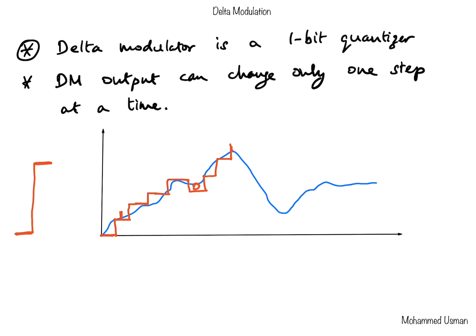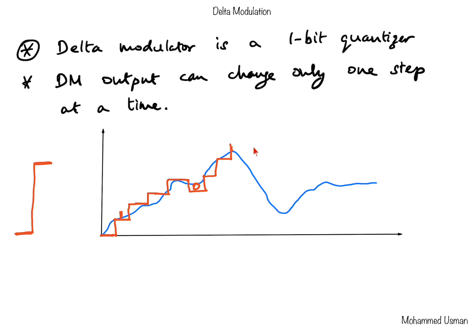Now, one of the things that can happen in delta modulation is when the slope of the signal is large. That means when the signal is changing very fast in its amplitude with respect to time, so the slope is large.